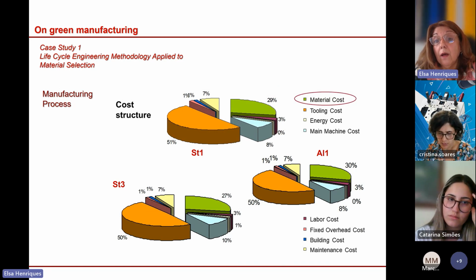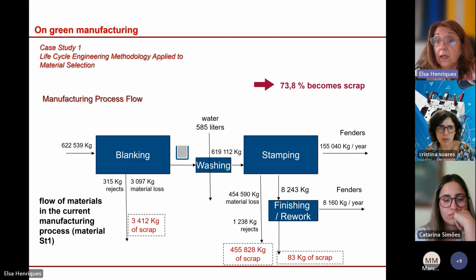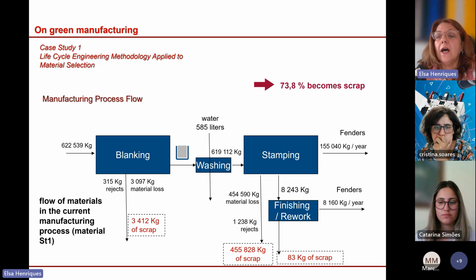But you come up with a conclusion that material cost is almost 1/3 of the total cost in manufacturing. And in the process, that has almost 74% of scrap. So 74% of the material that I buy is eliminated in the process through scrap due to the technologies that are being used and the way those technologies are being used.